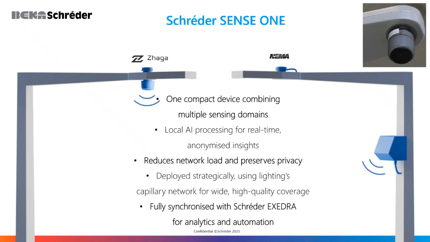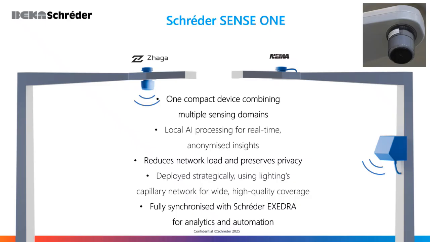Yes, so one of the latest additions to the Exedra system, going way beyond just the ordinary we're used to, is a sensor called Sense1, a compact sensing device, which is installed where intelligence really matters.